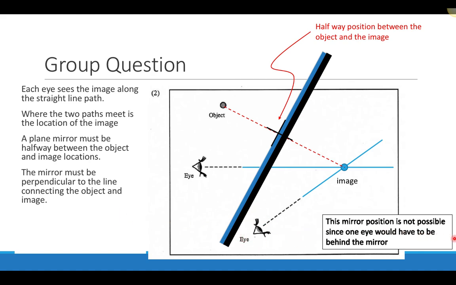So this mirror position is not possible since one eye would have to be behind the mirror. This picture doesn't make any sense, and the law of reflection is not really working in terms of where that eye is located. The eyes cannot be behind the mirror, so this one would not be possible.